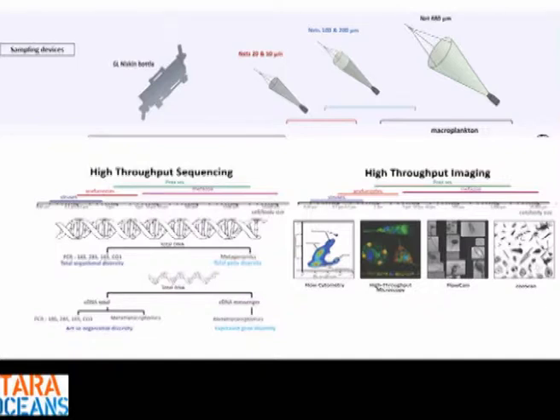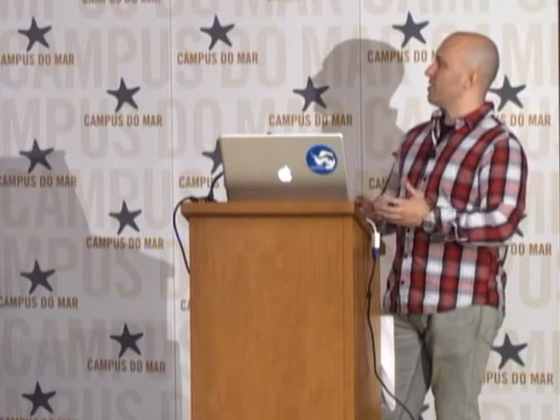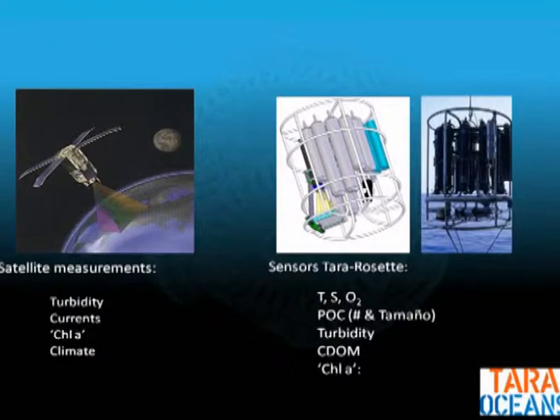Now, you have all this DNA information, but you also want information from the environment. That's very important. You need to link environmental data with DNA or genomic data. So there are other environmental parameters which are measured in this project.